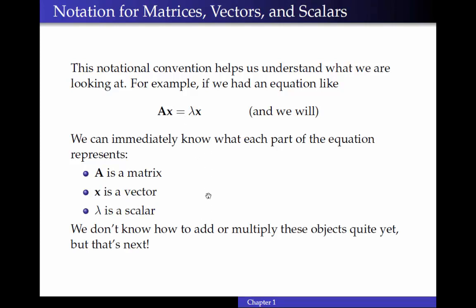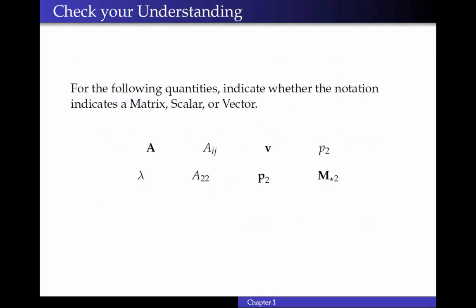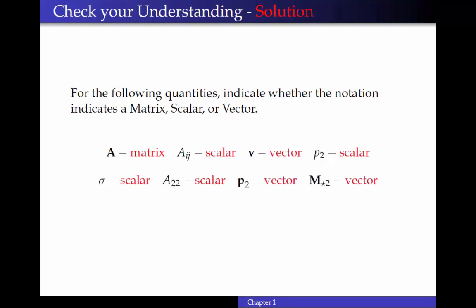For now, we haven't talked about how to add or multiply these objects yet, but that's coming. So now you can check your understanding just by indicating what each of these notations represent, a matrix, scalar, or a vector. And the solution to that is here.